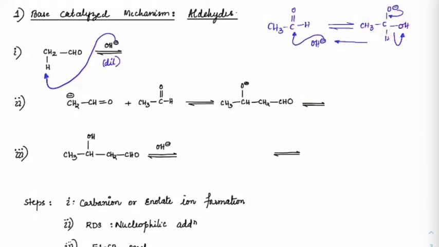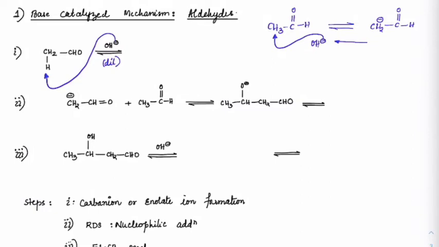The other option is that OH minus, instead of attacking at the carbonyl position, extracts this proton. Suppose it extracts this proton, we will get CH2 minus, C double bond O and H, which is the enolate ion.